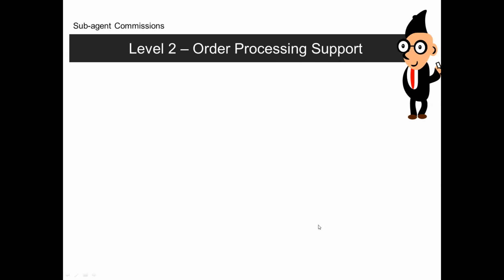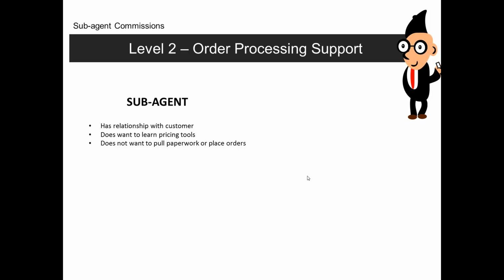The next model that we have is order processing support. It's almost the same. It assumes that the subagent has a relationship with the customer, does want to learn pricing tools, does not want to pull paperwork or place orders, is responsible to present pricing and contracts to the end customer, and will provide account management.